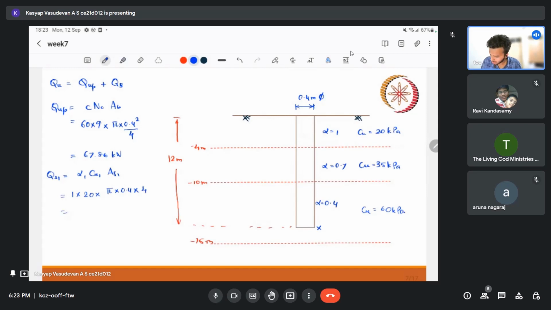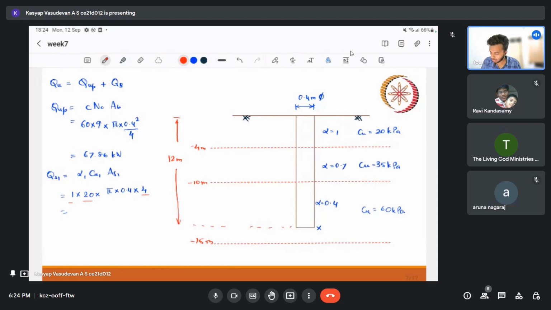This is the same for all three cases, so I can combine them. The only things changing are alpha, Cu, and the length. I can take pi times 0.4 as common, because the perimeter is constant throughout.